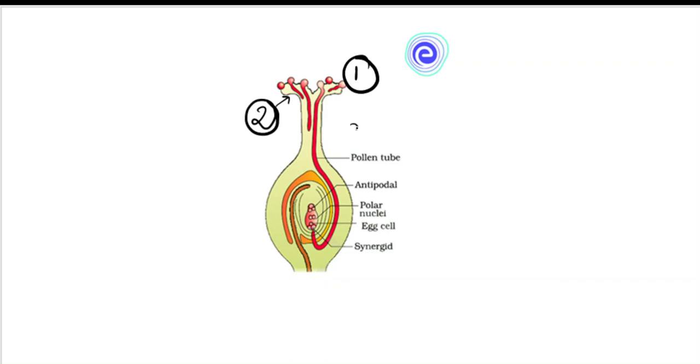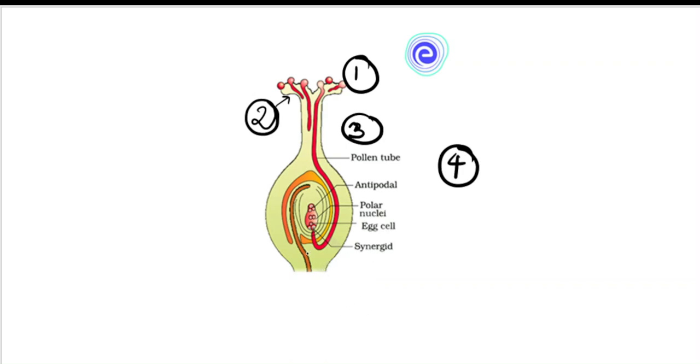In the third step the pollen tube will emerge, but before emerging there will be some hydration. The pollen tube will absorb nutrition and water from the stigma, and then it will travel forward. The fourth step is traveling towards the style, and in the fifth step it reaches the ovule end.